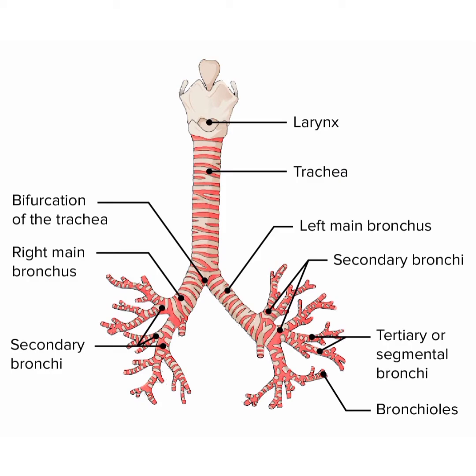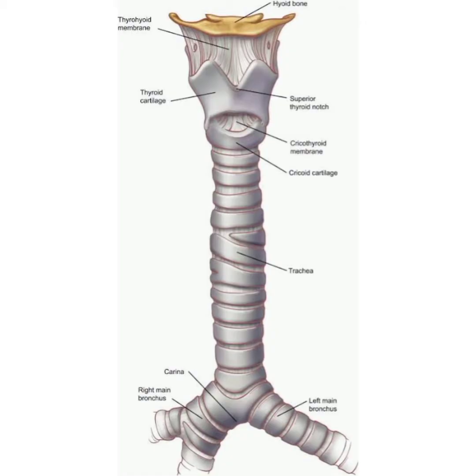Trachea, this is actually windpipe, which is about 10 to 12 centimeter long in adults, and it is lined with typical respiratory epithelium. So the lamina propria of this part of epithelium has numerous seromucous glands.